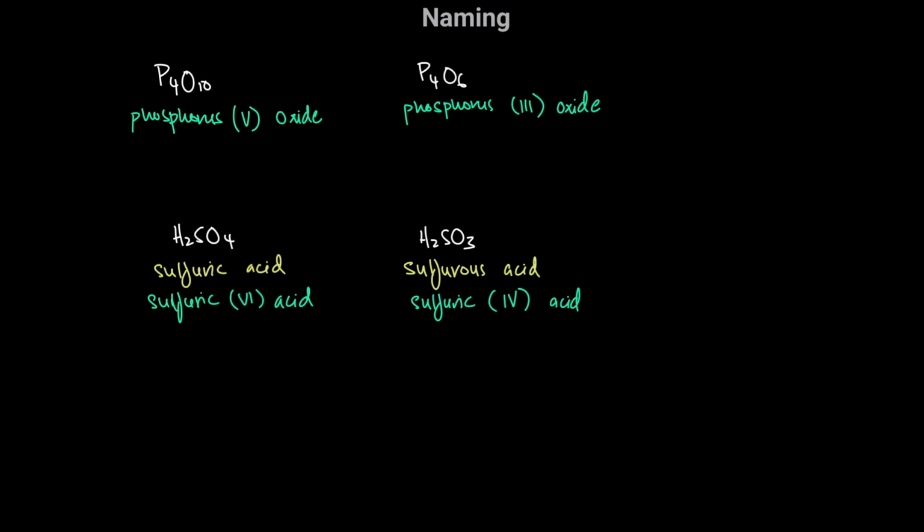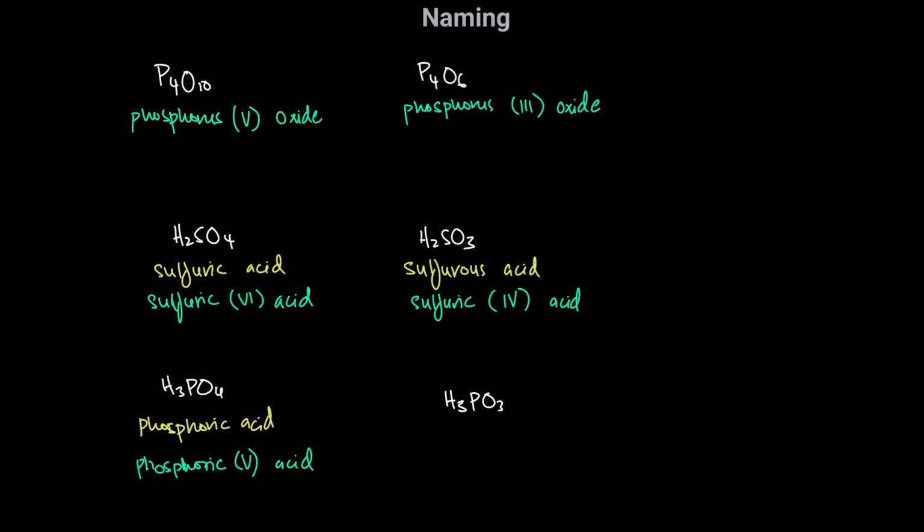Similarly over here, if you look at H3PO4, this is phosphoric acid. It may also be referred to as phosphoric 5 acid, because the oxidation number of phosphorus is +5. Then we have H3PO3.